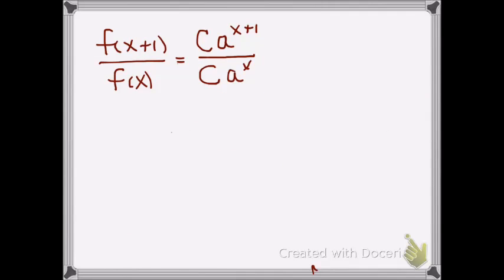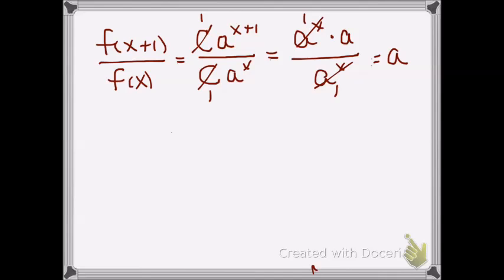We have a theorem that says that the ratio of f of x plus 1 to f of x is equal to a. Well, let's simplify the fraction that we have here. We can cancel c in the numerator and denominator, and then rewrite the numerator as a to the x times a, all over a to the x, and now a to the x will cancel, and we just end up with the ratio equal to a.